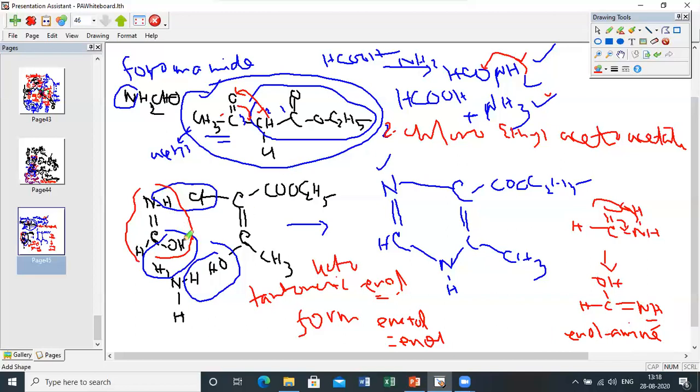It's just like ketoenol tautomerism, only in place of carbon there is one nitrogen. So I've used the enol amine tautomeric form so that I can easily display the elimination afterwards. Fine. So I got this, the 2-chloroethyl acetate. I got this, the formamide, and here is one simple ammonia. See, NH3, N with three hydrogens.